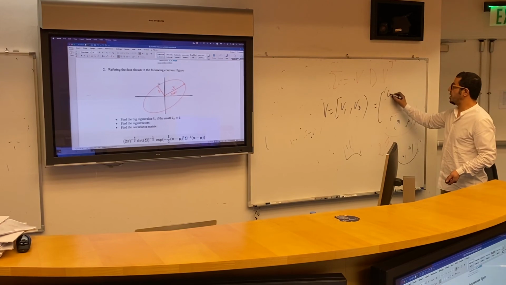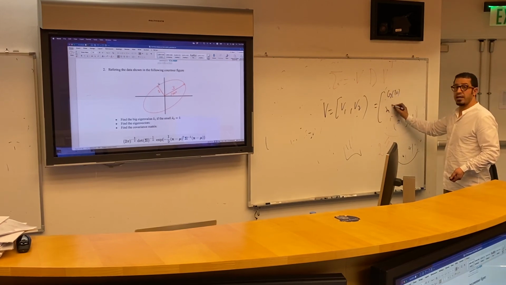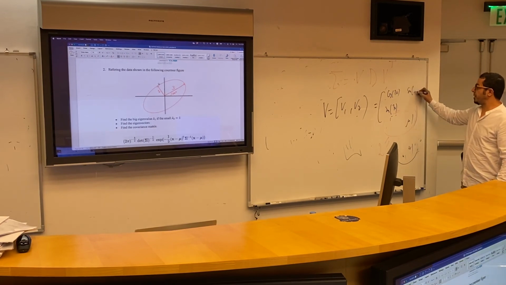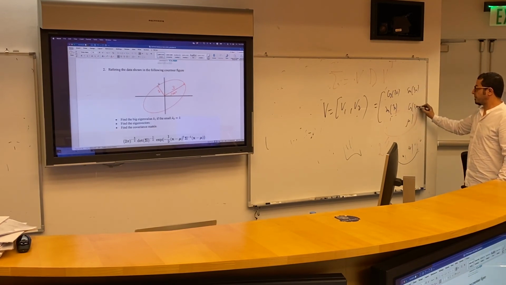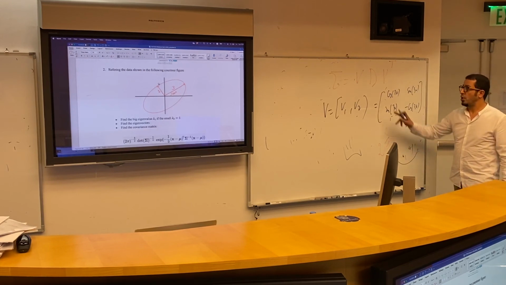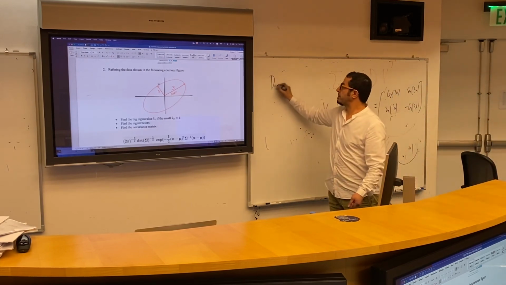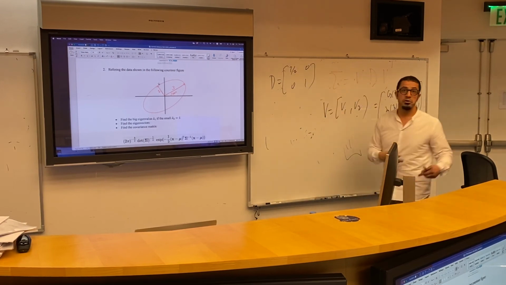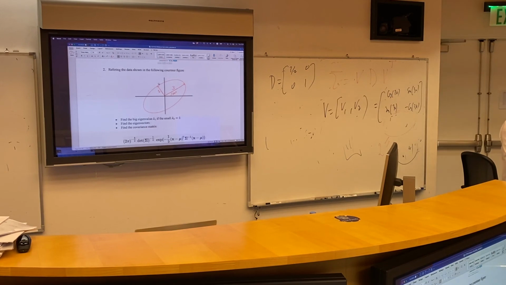Cosine 30, sine 30. What will be the other one? Just flip it and put minus on the upper one. This is V. What is D? 3 out of 2, 0, 0, 1. Done. So you have D, you have everything.